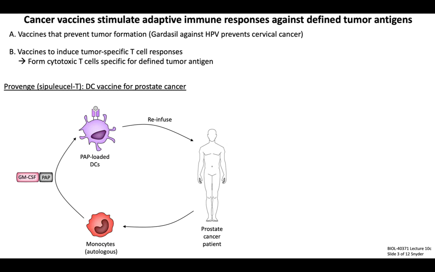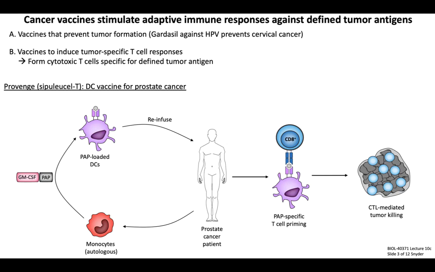These are then cultured ex vivo with a fusion protein that contains both a prostate cancer antigen called prostatic acid phosphatase, or PAP, and this is coupled to GM-CSF, which is a growth factor that induces dendritic cell differentiation from monocytes in blood. This fusion protein is processed by the monocyte so that GM-CSF triggers dendritic cell differentiation. And since the cells are loaded with PAP antigen, they process this antigen and present it on MHC.